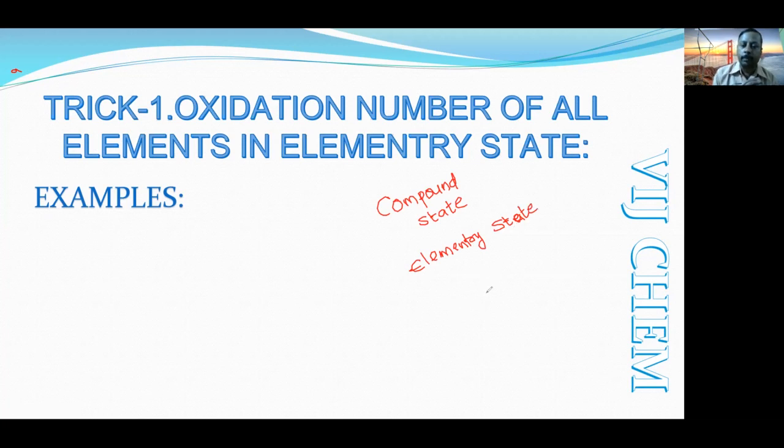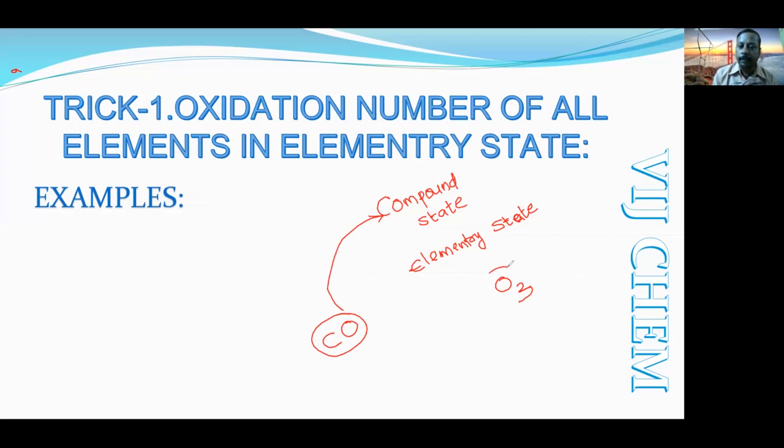Suppose I write oxygen, this is an element. If I write O2, this is also an element. If I write O3, this is also an element. But if I write carbon dioxide, now it is in the compound state, because it contains two different elements. When two different elements combine together to give a substance, it is called a compound state.